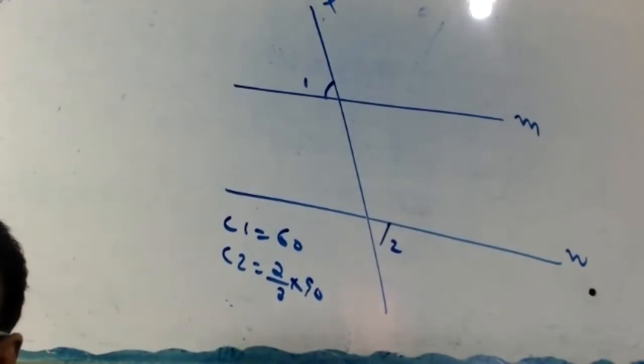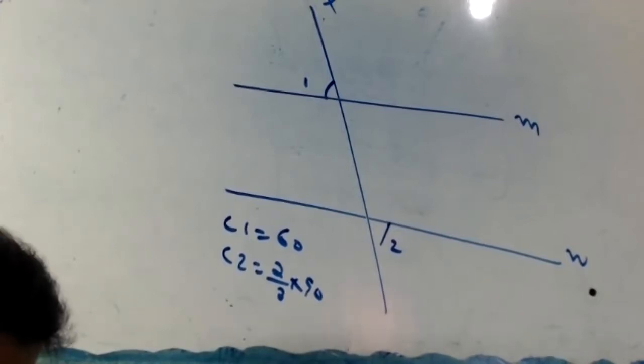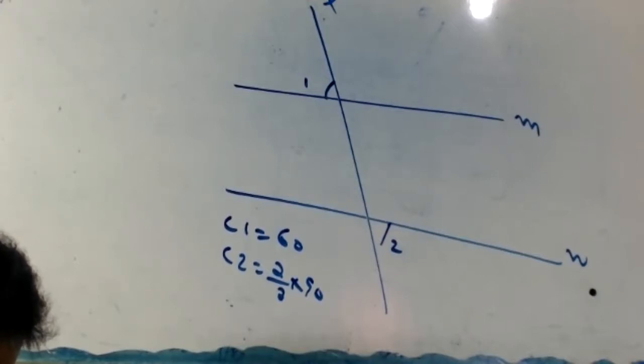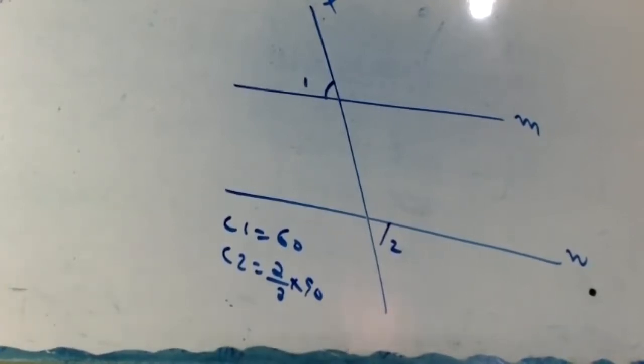Yes, 2/3 of 90 means 60. Okay, correct. Okay, so now look at here.